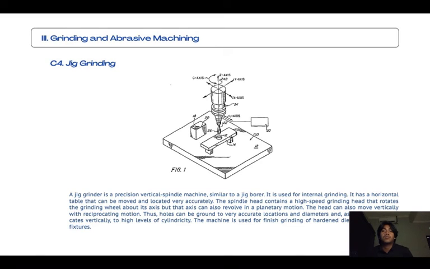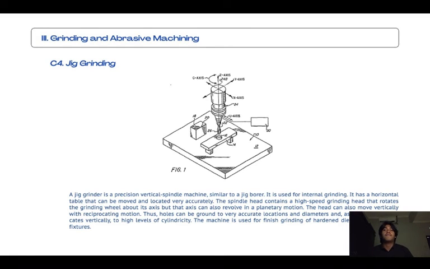In production situations, double disc grinding is sometimes employed. The workpiece is fed between two abrasive discs which grind the opposite surfaces of the workpiece at the same time, thus controlling flatness, thickness, and parallelism in the same operation.